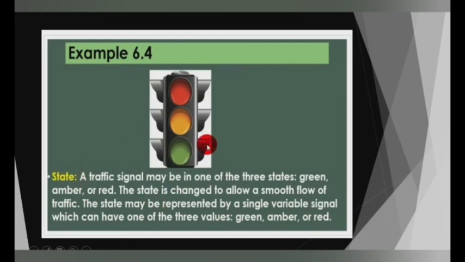State can be changed based on the value passed to this state. A traffic signal may be in one of the 3 states, green, amber or red. The state is changed to allow a smooth flow of traffic. Why can the state be changed? You have to follow the smooth flow of traffic. The state may be represented by a single variable, signal, which can have one of the 3 values, green, amber or red.